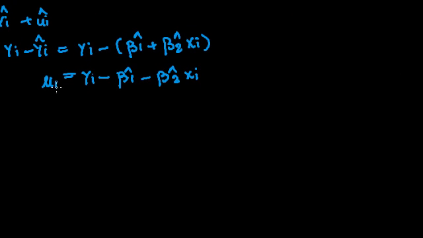That is your ui hat. Clear? Well, what are ui hat? Ui hat are your residuals. Okay, that is, they are just the difference between the actual y values and the estimated y values.